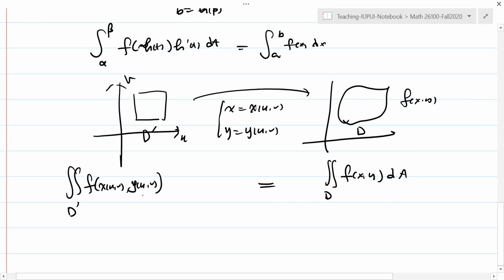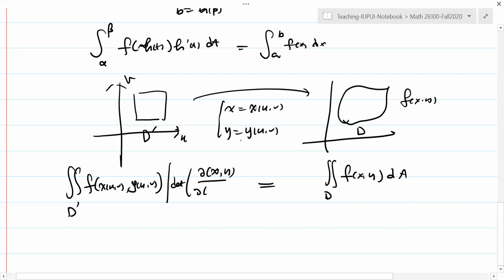Now the difficult part is what is the derivative here in the place of derivative h prime. H prime has to be the absolute value of the determinant of partial derivatives.